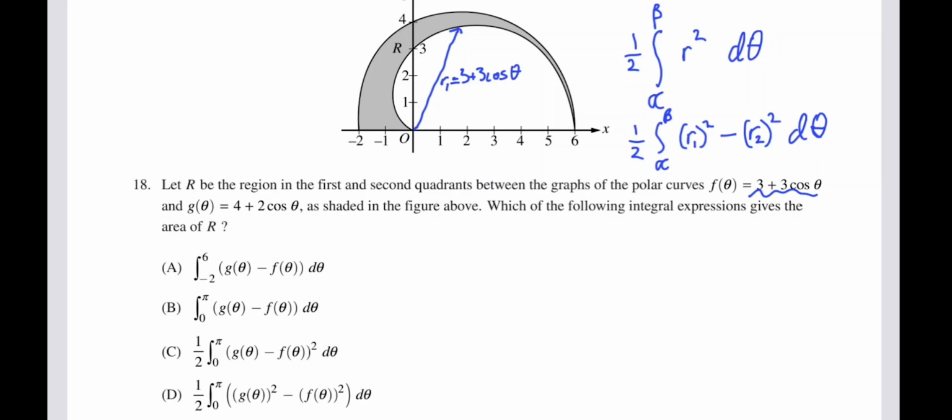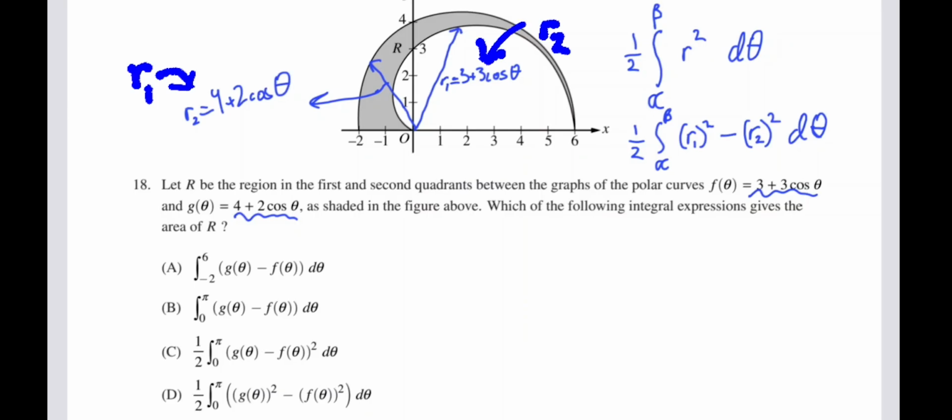And then r2 would be the distance from the pole to the second curve, which would be 4 plus 2 cosine of theta. So we know what r1 is and what r2 is. Now, what about the alpha and the beta? Well, since we're talking in terms of polar coordinate points, everything would be in terms of theta.